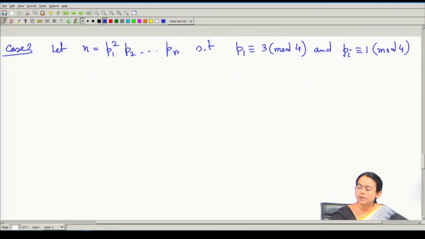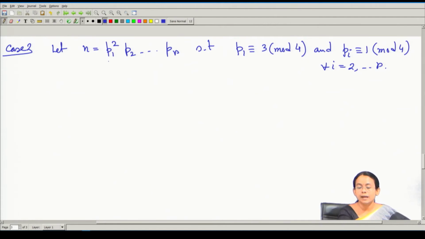So, basically I am assuming one of the pi's is congruent to 3 mod 4 and the rest of the remaining are congruent to 1 mod 4, for i equal to 1 to r. So, in this case what will be my a + ib?